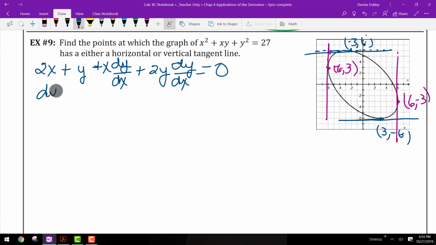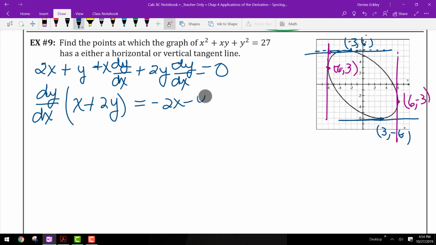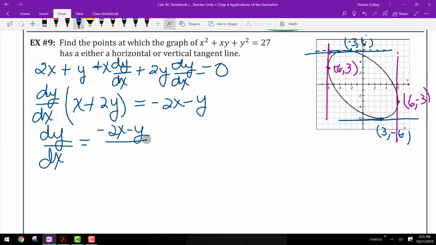So factoring out our dy dx and moving our other terms to the other side, we have dy dx times x plus 2y equals negative 2x minus y. So our derivative, dy dx, is going to equal negative 2x minus y over x plus 2y.